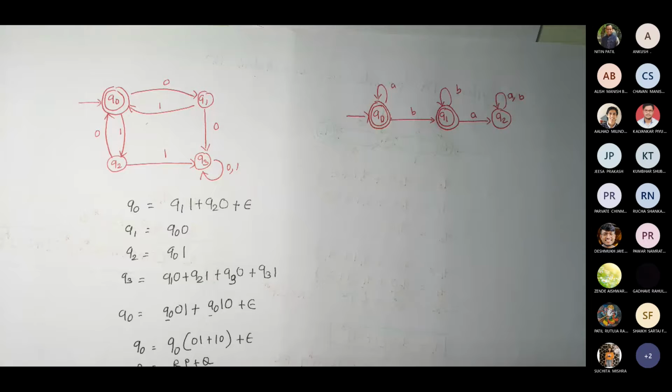Okay, Q0A plus Q0 B, plus epsilon. Good. So for initial state, do not forget to add this. Otherwise, you will not get the example simplified.